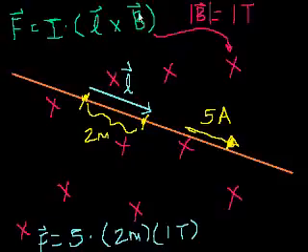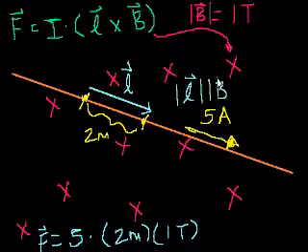And when you take a cross product, this is just a reminder: L cross B is equal to the magnitude of L times the magnitude of B times the sine of the angle between them times some unit directional vector that we figure out with the right-hand rule.